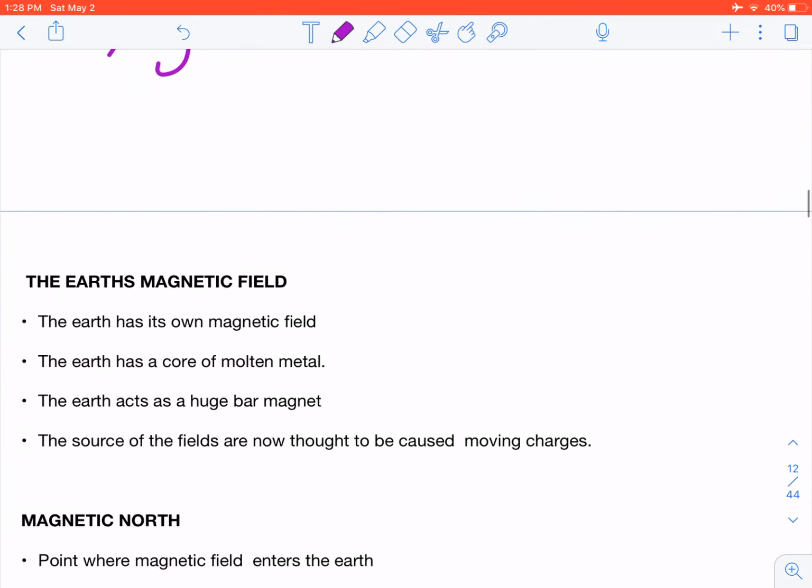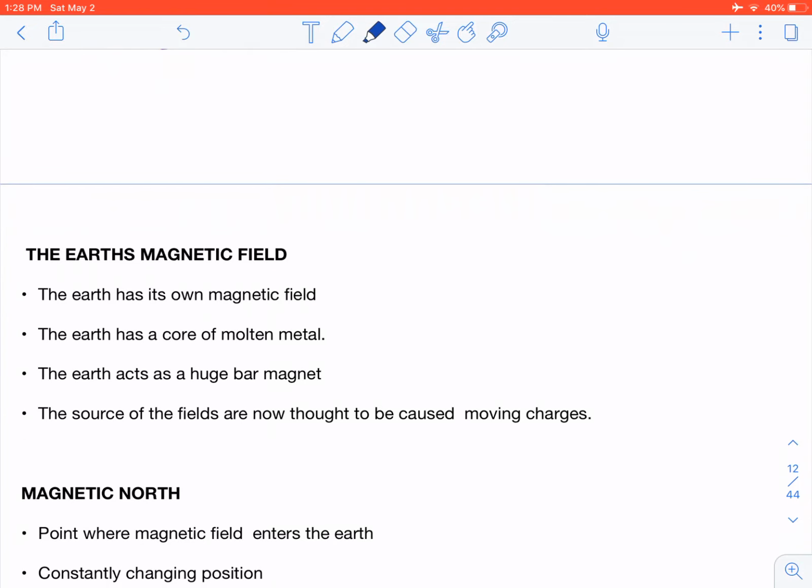Now let's look at the Earth's magnetic field. The Earth has its own magnetic field. How does this magnetic field arise? It's believed that it's because of the core of molten metal, and the Earth acts as a bar magnet.